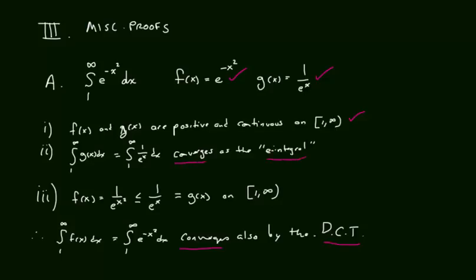We defined that in this lesson. And because I'm using the direct comparison test, I have to show that f of x is less than or equal to g of x, which is okay, and boom, that satisfies it, and therefore the integral of f of x converges by the direct comparison test.